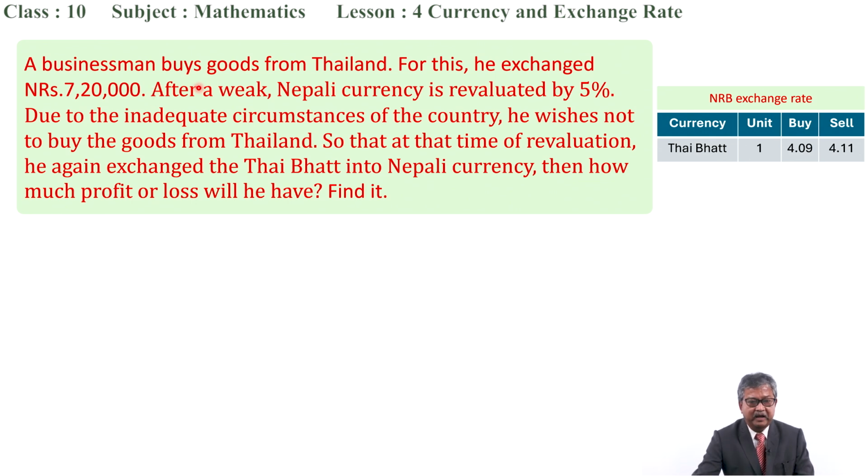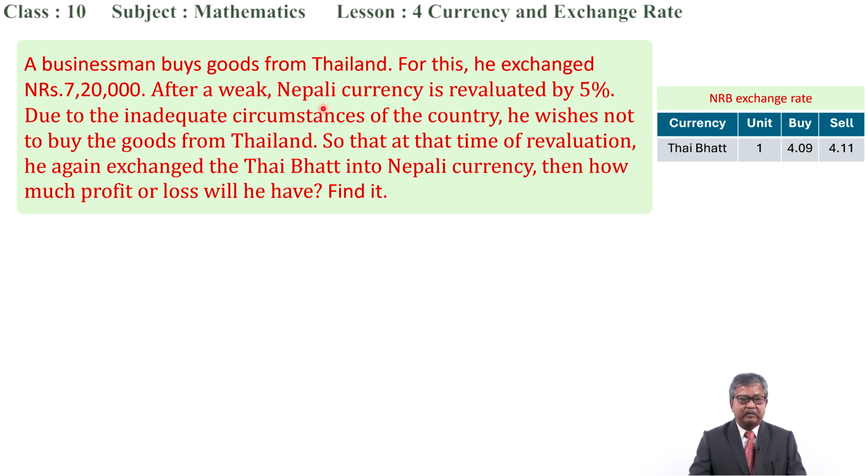Okay, now let's discuss one problem with revaluation. A businessman buys goods from Thailand. For this, he exchanged Nepali rupees 7,20,000. According to the exchange rate of Nepal Rastra Bank, the Thai baht is given here as 1 unit, and the buying rate is 4 rupees 9 paisa and the selling rate is 4 rupees 11 paisa.